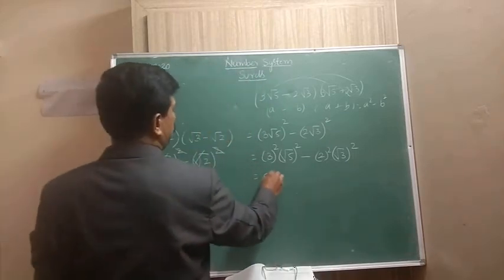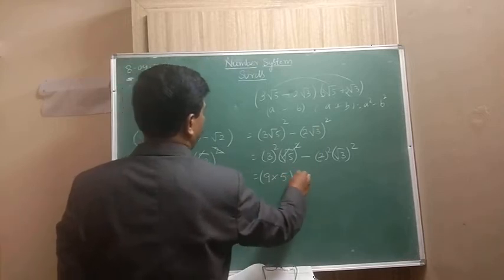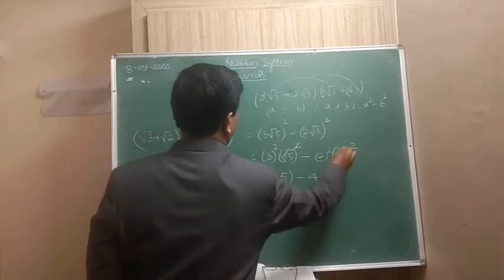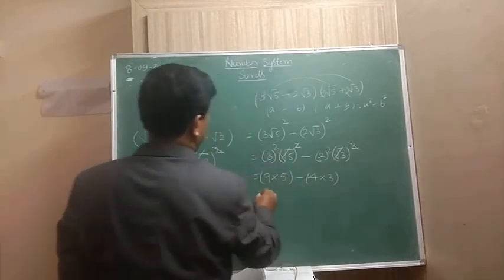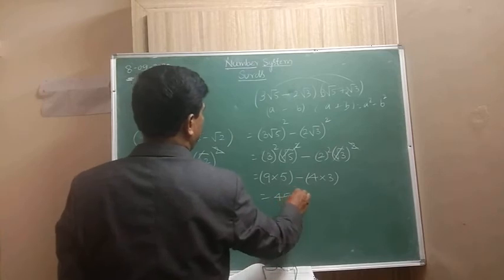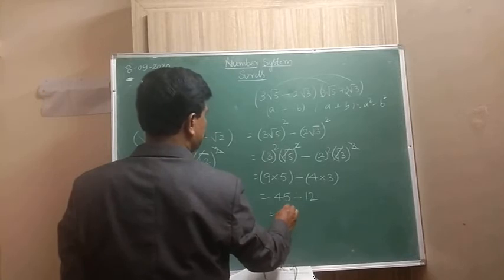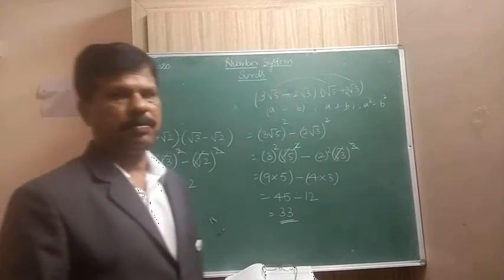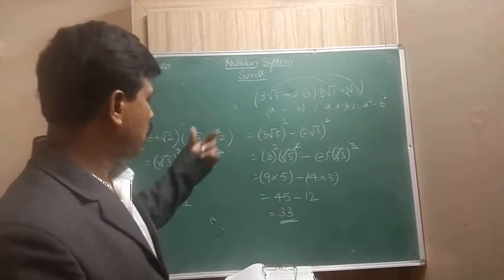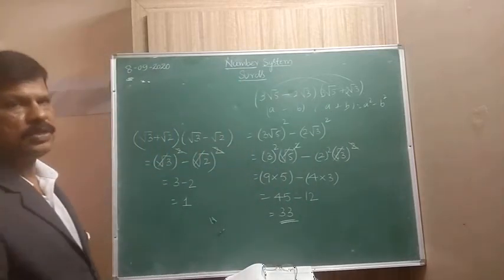Then this is 9 into, square and square cancel, 5 minus 2 twos are 4, then square and square cancel, into 3. So 9 fives are 45 minus 4 threes are 12. So 45 minus 12 is 33. 33 is a rational number. Clear? So this is how to take the RF of a binomial surd.